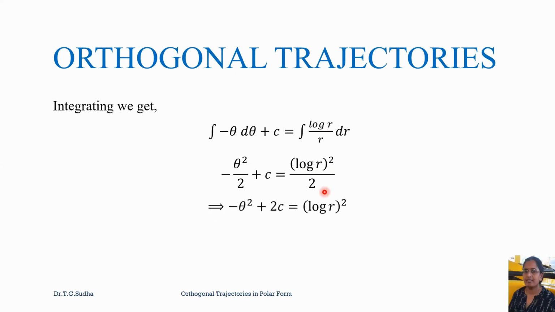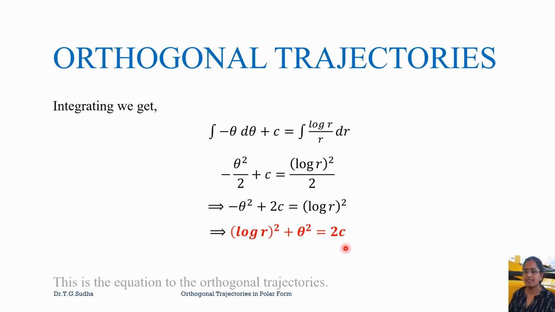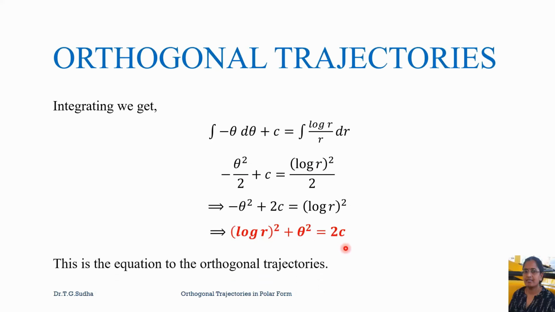Let us simplify. We get minus theta square plus 2c is equal to (log r) whole square. Shifting minus theta square to the other side, we get (log r) whole square plus theta square is equal to 2c, and this is the equation to the orthogonal trajectories.